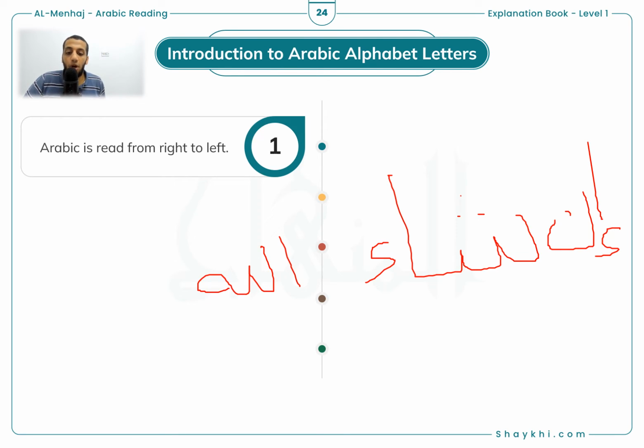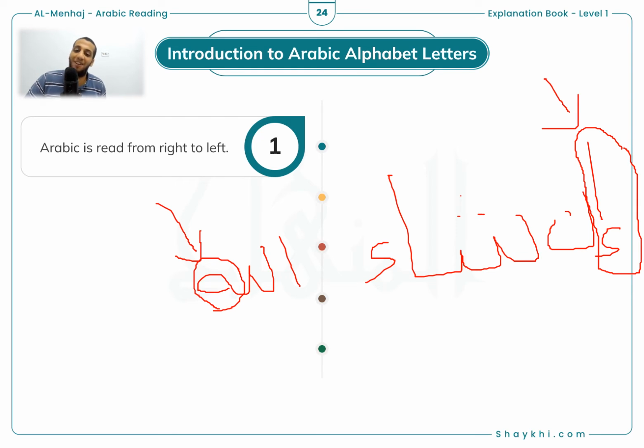Now start reading this word. If you start from here, from the Hamza, then you are right. But if you start from here, from the Ha, no. Now it's game over, try again. So Arabic is read from right to left and it's written from right to left. Keep this in your mind to be able to learn Arabic easily.